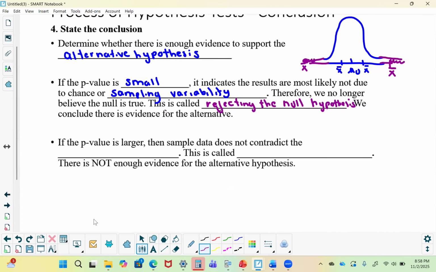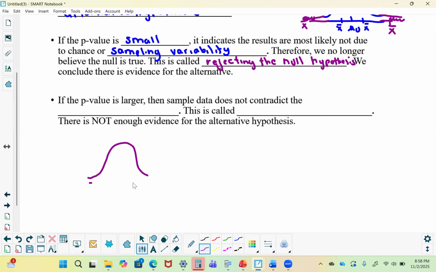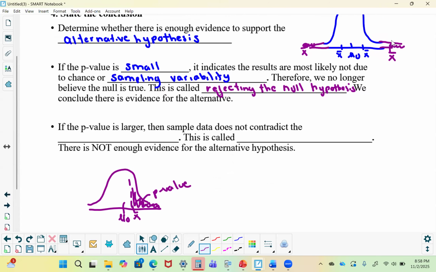If the p-value is larger, that means the sample mean is going to be close to the population mean. So this is a much larger area, so this p-value is going to be larger than the one over here. If the p-value is larger, then the sample data does not contradict the null hypothesis.